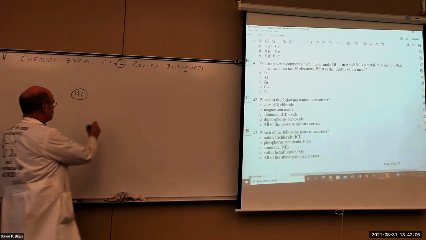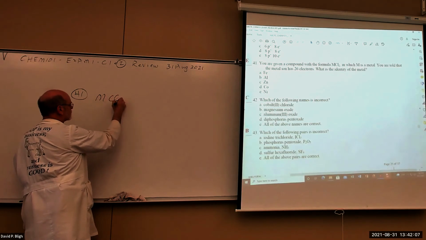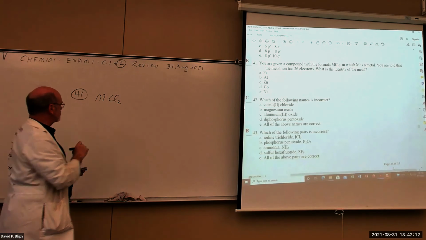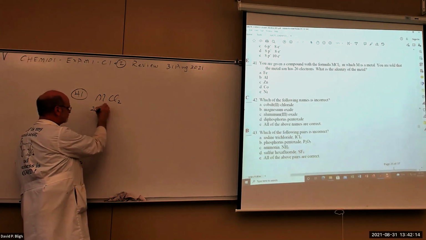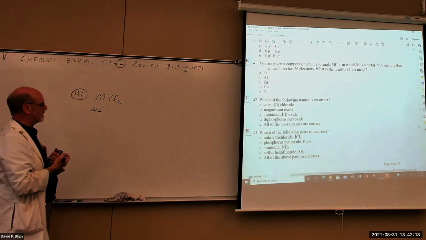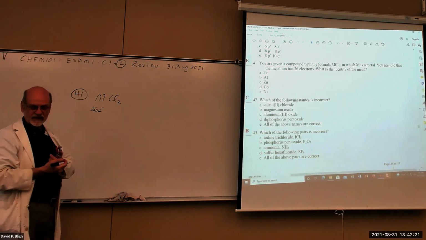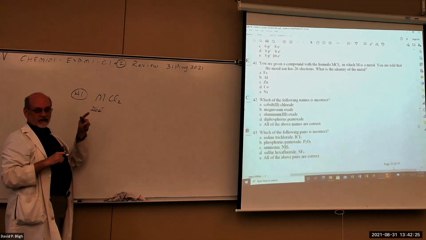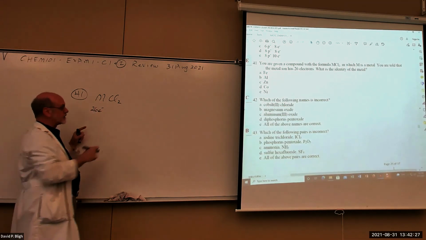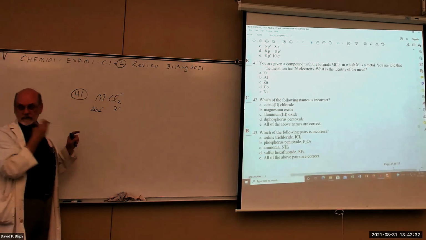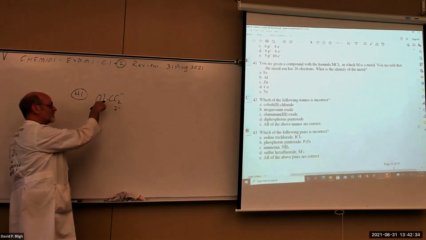There we go. You're given a compound with this formula, a metal with 2 chlorides. And you're told that the metal has 26 electrons. Okay, that's it. We want to know the identity of the metal. What element is it? You know the chloride, if it's a metal and non-metal, chloride is going to be charged. It's going to have a 1 minus charge each, which means 2 minuses total that have to be balanced by this metal.